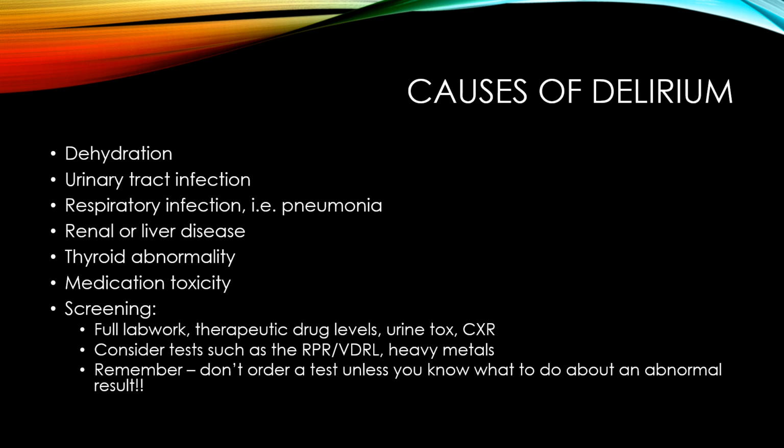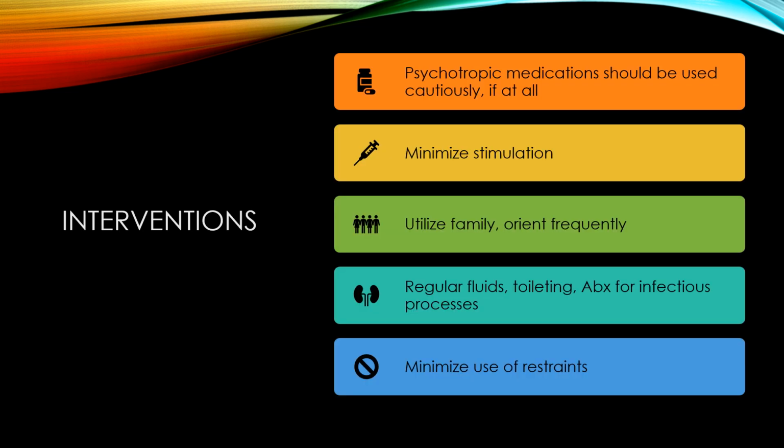For screening, you want to do blood work, check therapeutic drug levels, urine, chest x-ray, and consider tests such as an RPR or VDRL for syphilis, and heavy metals. Remember, don't order a test unless you know what to do about an abnormal result. Interventions: psychotropic medications should be used cautiously, if at all.